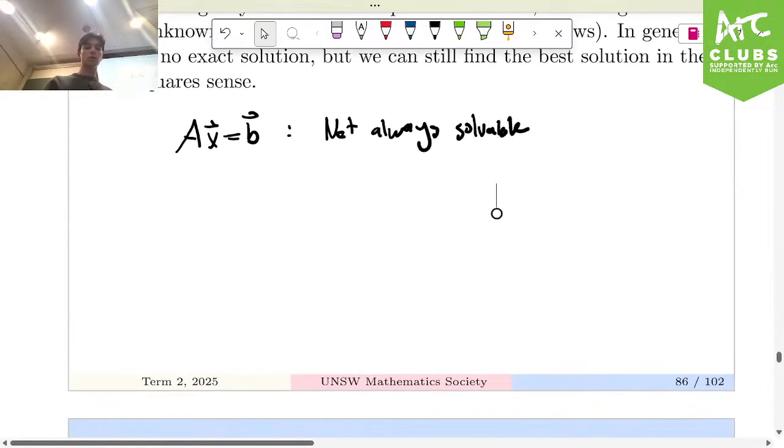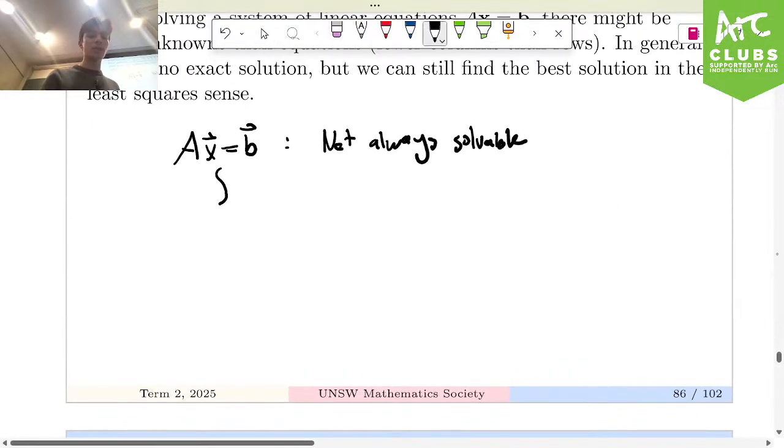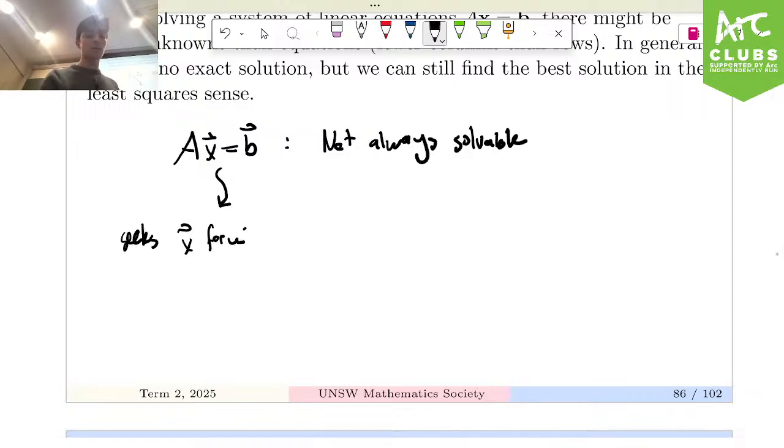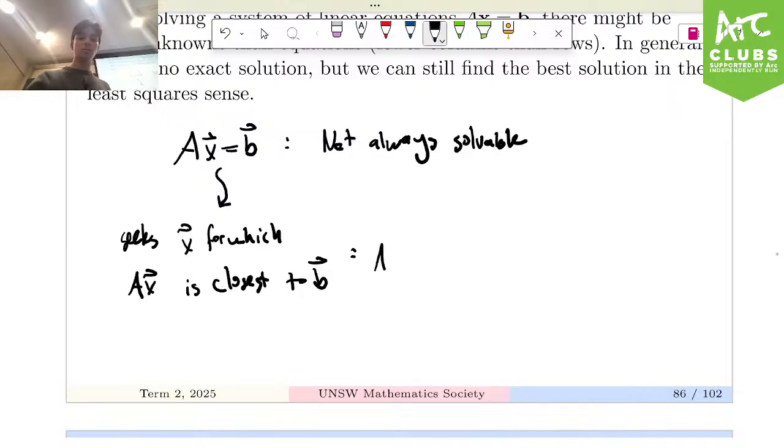So there's no solution to this system. So we kind of generalize this to a method that seeks the X for which AX is closest to B, right? And this is actually always solvable, right?